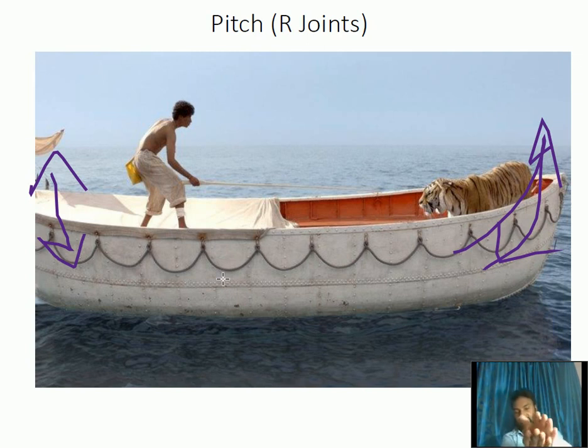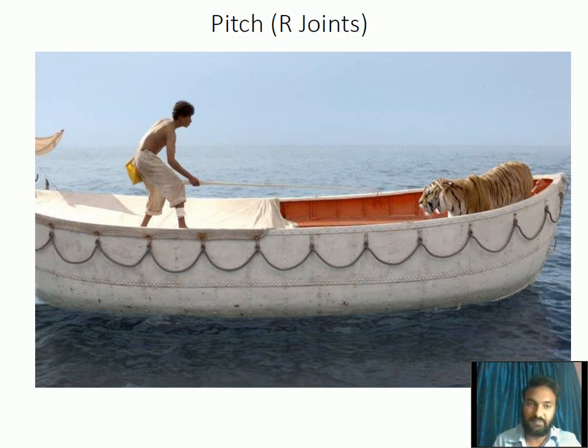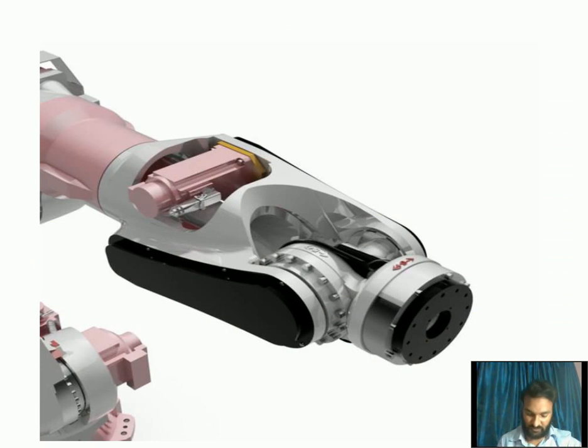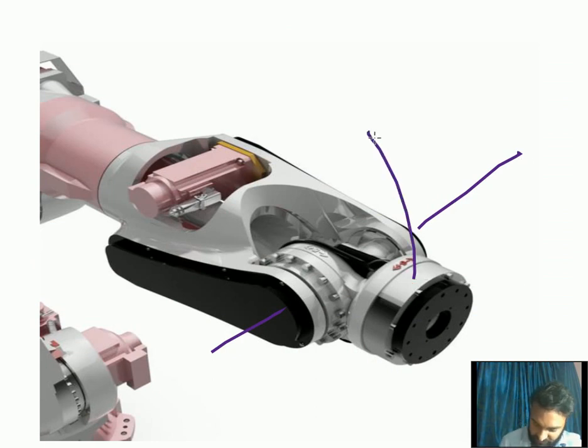There is no configuration that you have to mount this way. If this vertical motion is there, that means it is pitch. You can see where the pitch is, along this axis. This part can go up, it can go down.